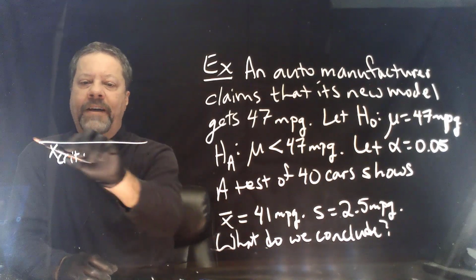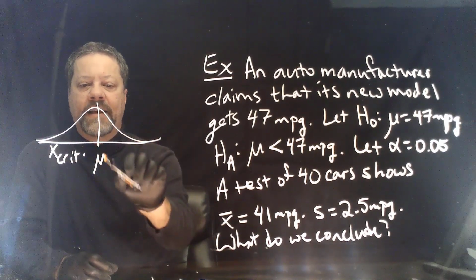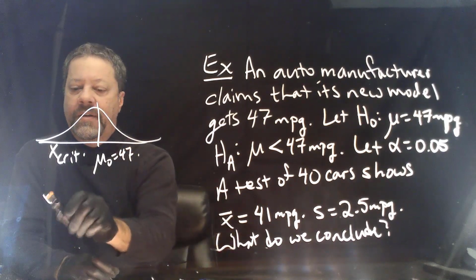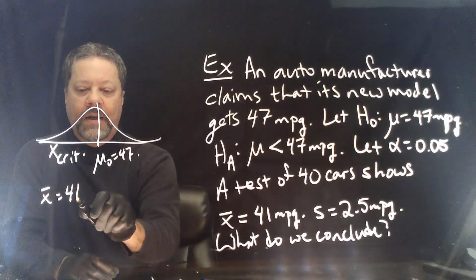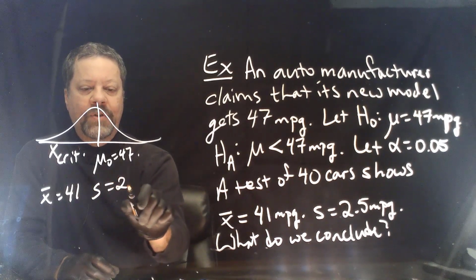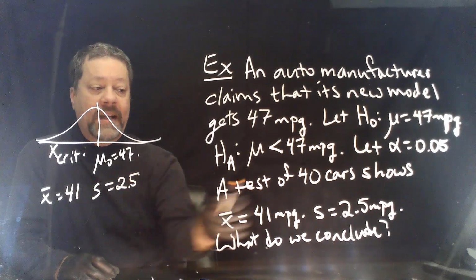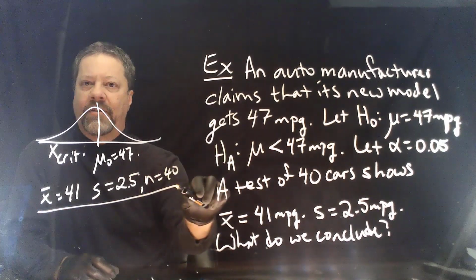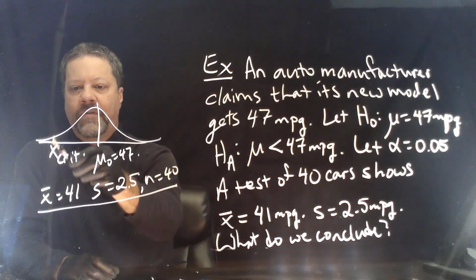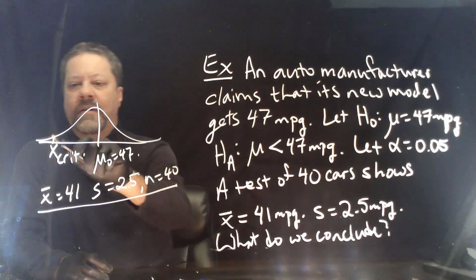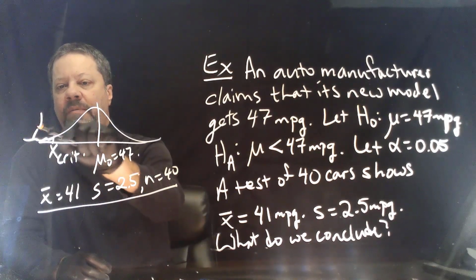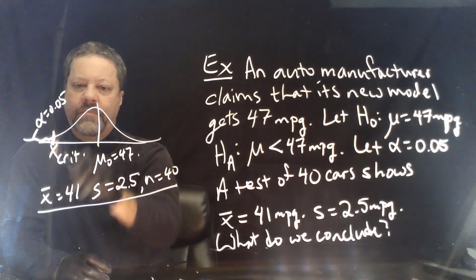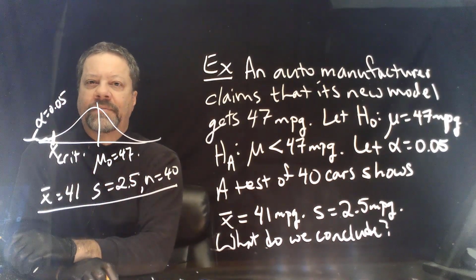What would the critical value be in this case? We'll have to use x bar equals 41, s equals 2.5, and n equals 40 to figure this out. For a normal distribution with alpha equals 0.05, where is that critical value?